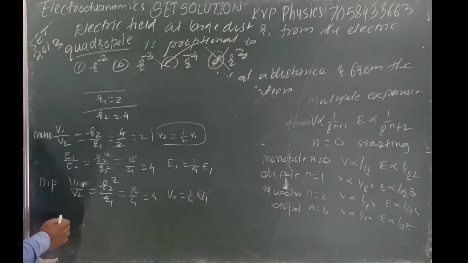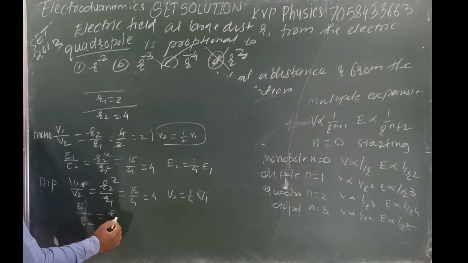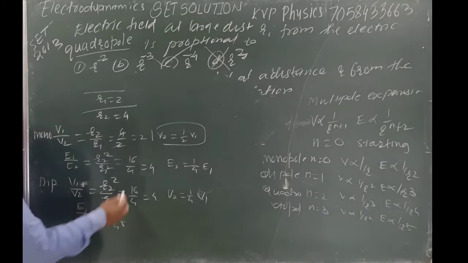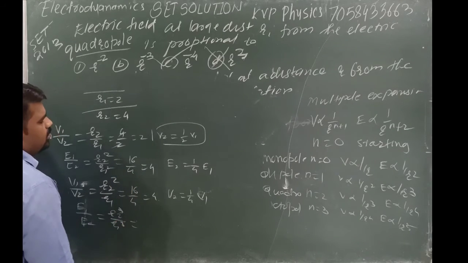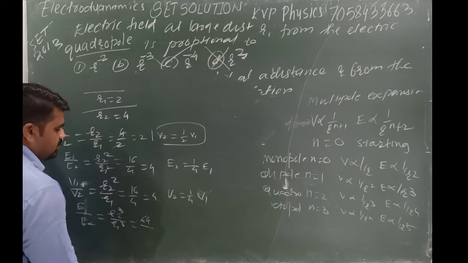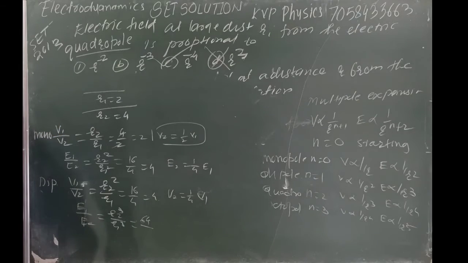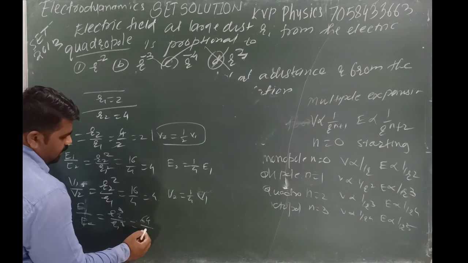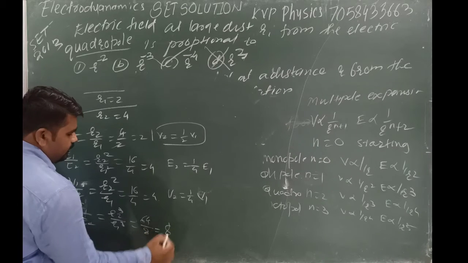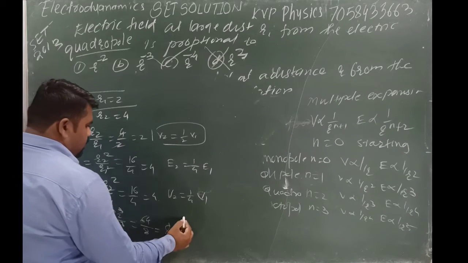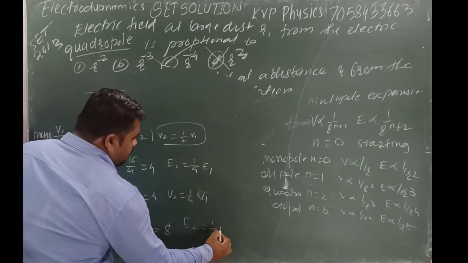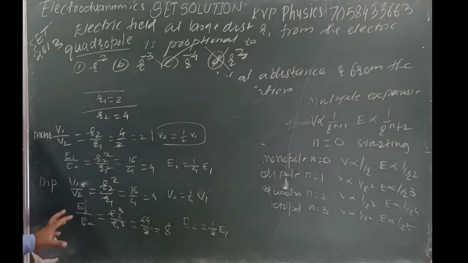Next, for electric field, E1 upon E2 is equal to R2 cube upon R1 cube. 4 square is 16, 16 into 4 is 64, 64 by 2 cube is 8. Means E2 is equal to 1/8 times of E1. This is for dipole.